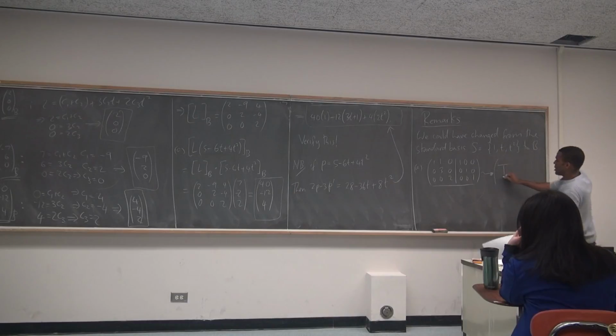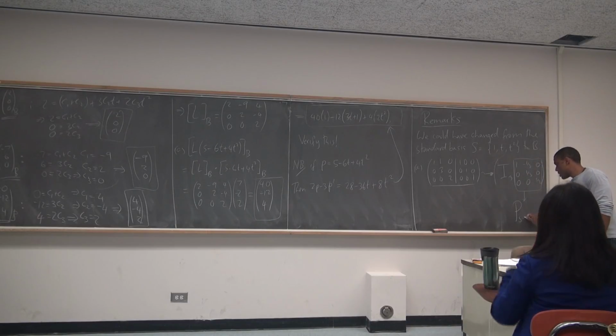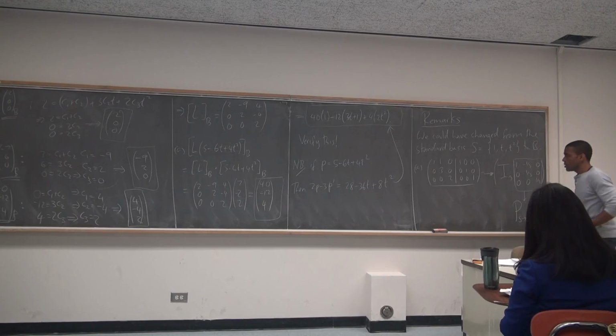On this side, I will end up with the three-dimensional identity, and on this side, I will actually end up with 1, minus a third, 0, 0, 1 third, 0, 0, 0, half. And this guy here is my transition matrix. This is a matrix that goes from the standard basis to the basis B.